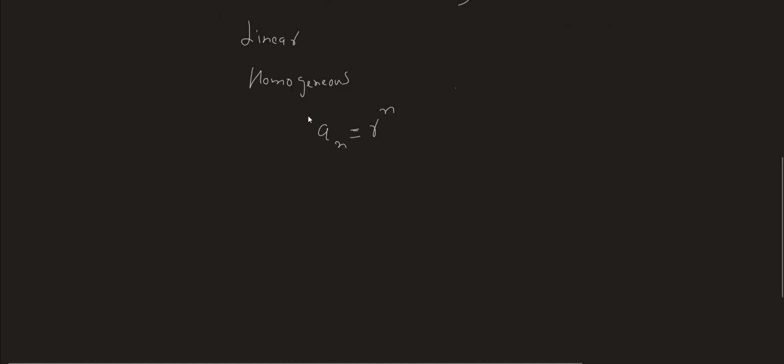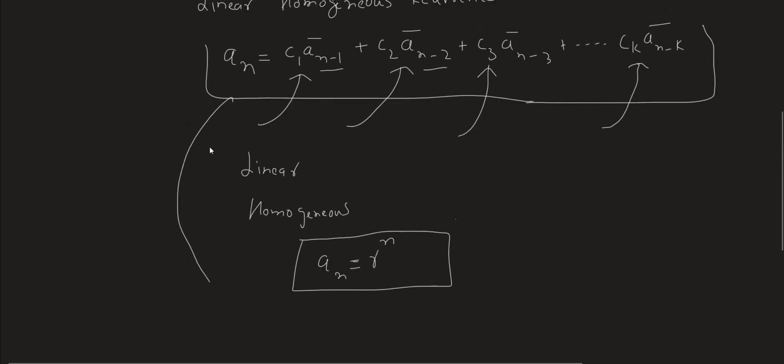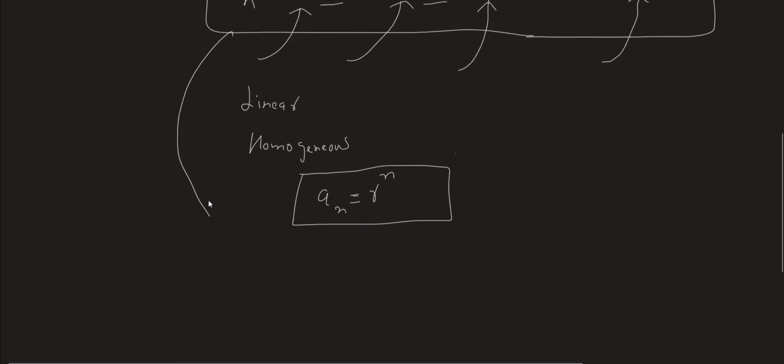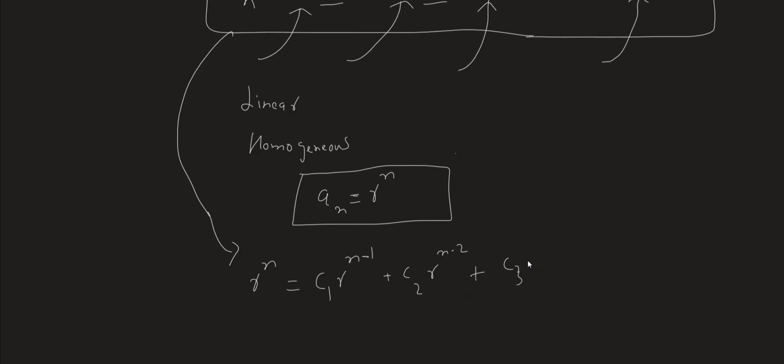We say that this is a solution only when r^n is equal to c1 times r^(n-1) plus c2 times r^(n-2) plus c3 times r^(n-3), and so on to ck times r^(n-k).